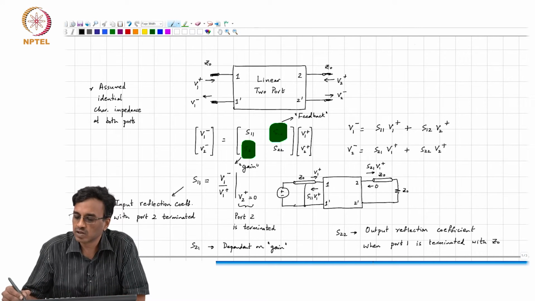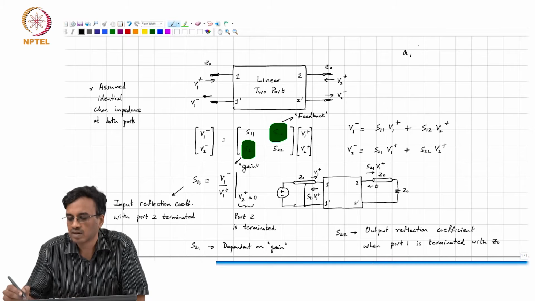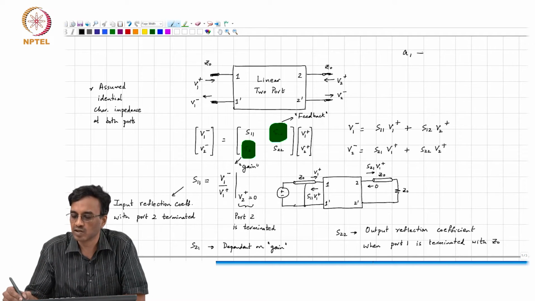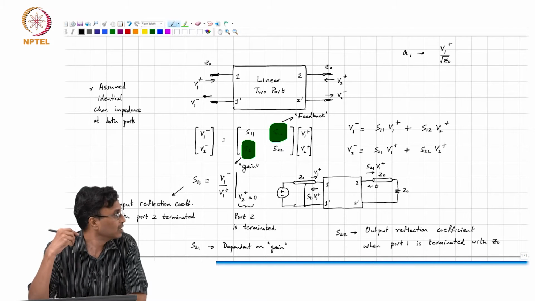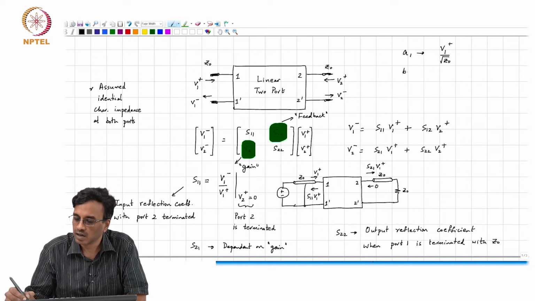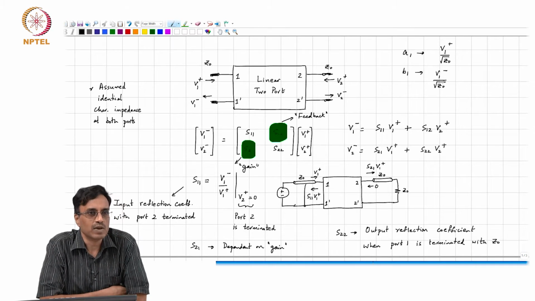Strictly speaking, the definition of the S parameters is to define first an incident, within quotes, wave, which is actually normalized to the characteristic impedance in this way. And similarly, the reflected wave is V1 minus by square root Z0. And you find ratios of B1 by A1 and B2 by A2.